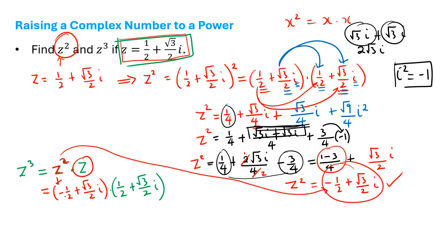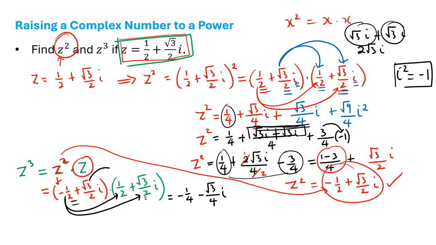So I'm going to do negative 1/2 times 1/2, which is negative 1/4. So negative 1/2 times this result here will be negative square root of 3 over 4, because we have to multiply the denominators, yes? Okay, and then because of the i, we just attach the i next to that.